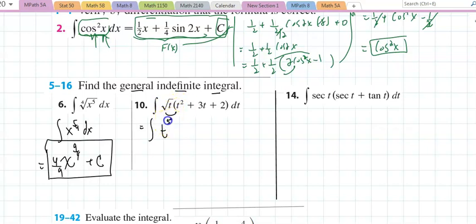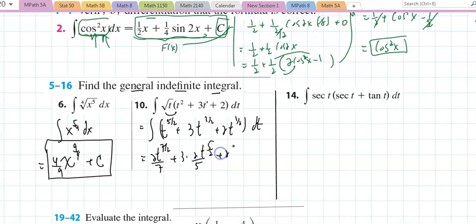This problem, you need to manipulate the problem a bit. 2 plus 1/2 is 5/2. 1 plus 1/2 is 3/2. T to the 1/2. Add 1 to the power. Divide by that. 3 times. Add 1 to the power. Divide by that. Add 1 to the power.